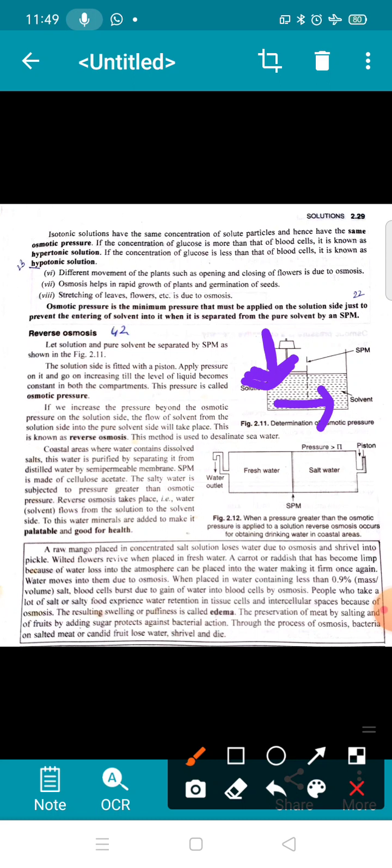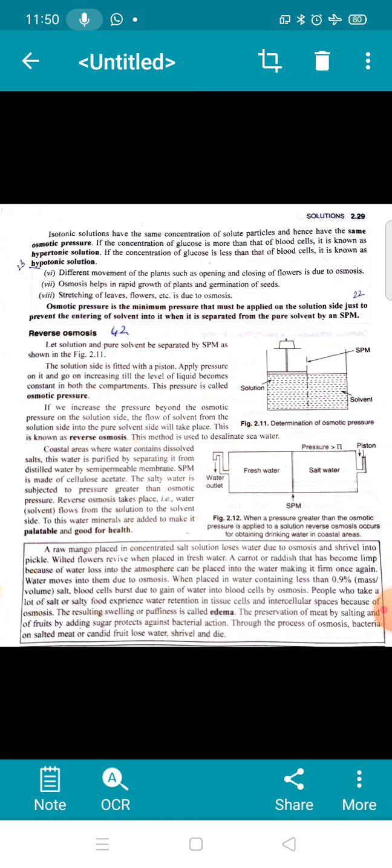There are many places, coastal places especially, as you can see in this paragraph. In coastal areas, water contains dissolved salts, because sea water contains a lot of salt and cannot be used for drinking purposes. In many such coastal areas, since there is no scarcity of sea water, people set up reverse osmosis plants.